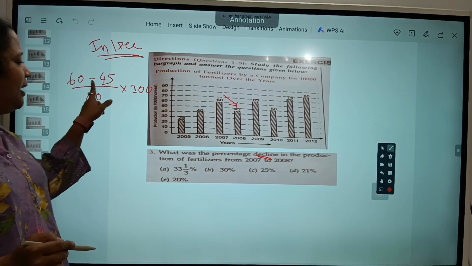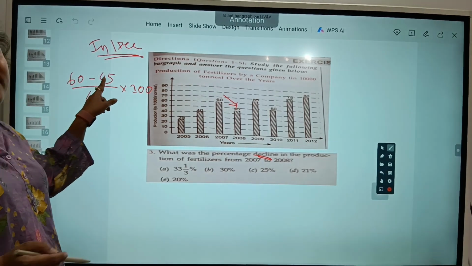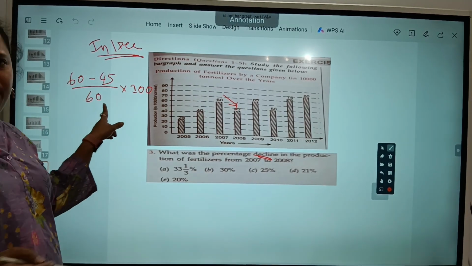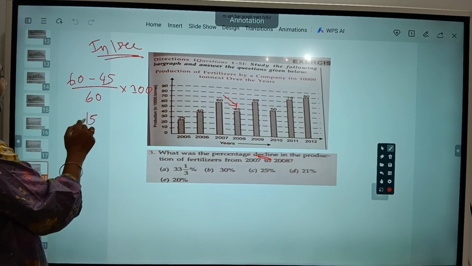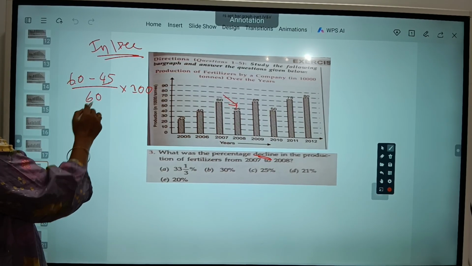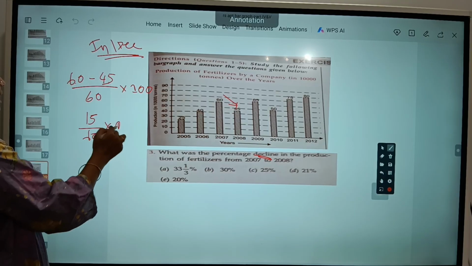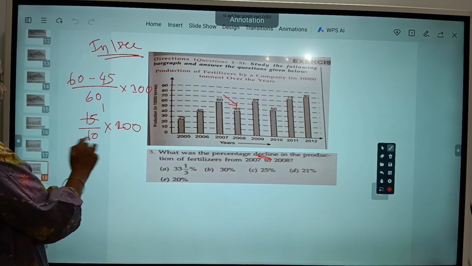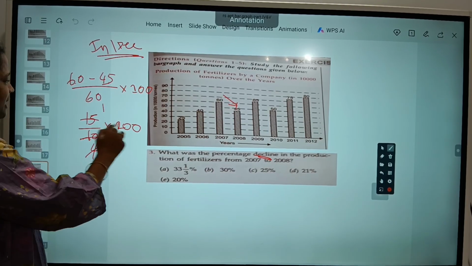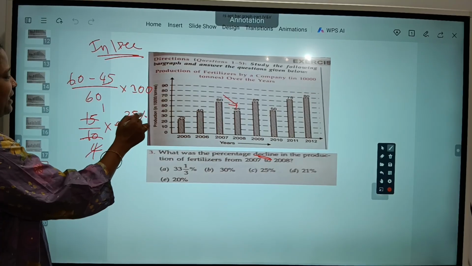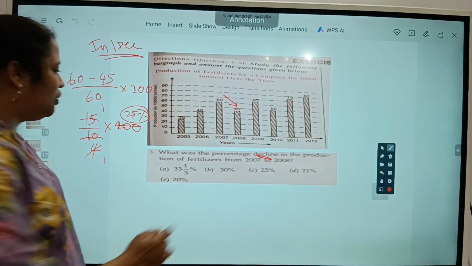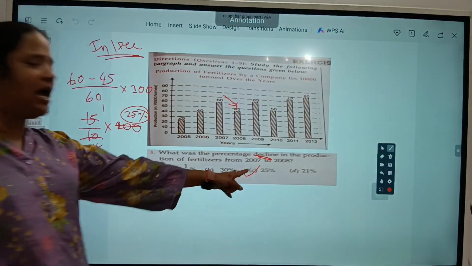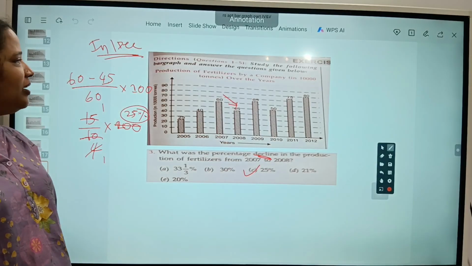If increase is asked, then you have to take the lower value in the denominator. So it will come to 60 minus 45, 15 by 60 into 100%. 15 ones are 15, fours are 4, so 25. So the percentage decline from 60 to 45 is 25%. C is the answer. Hope you got this.